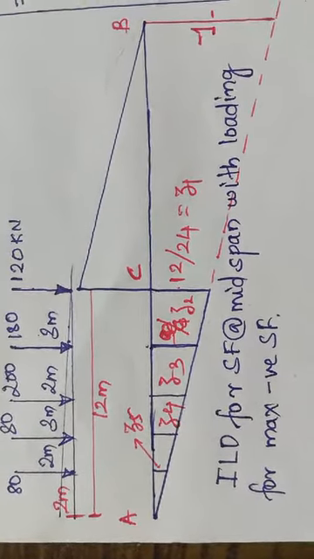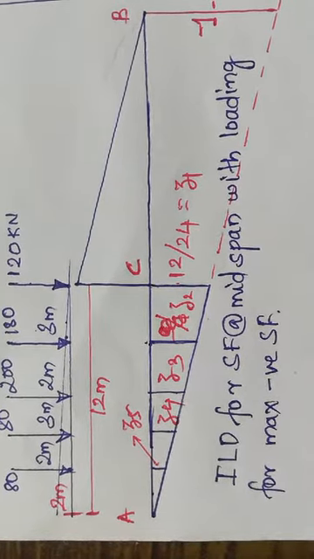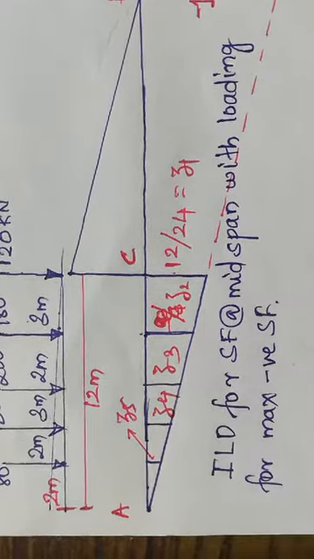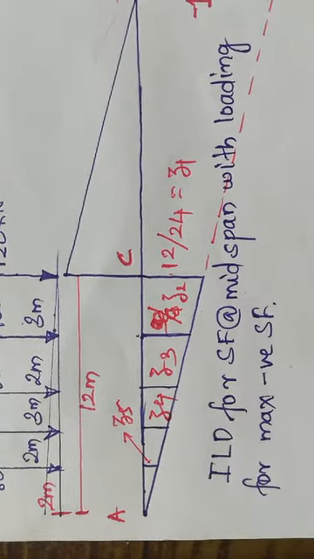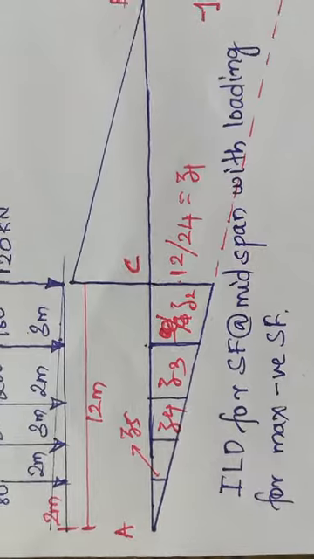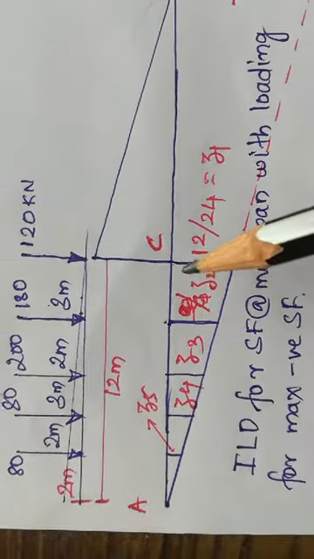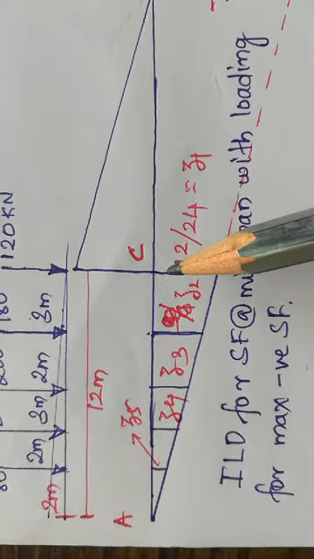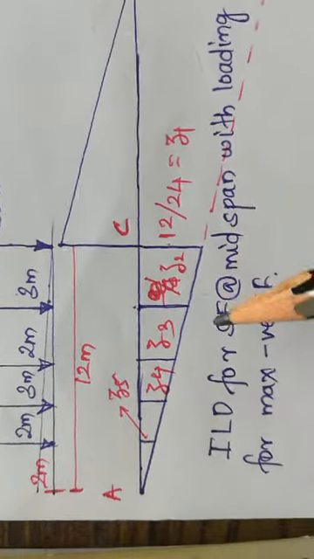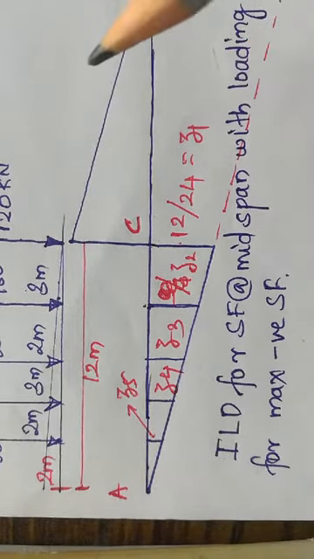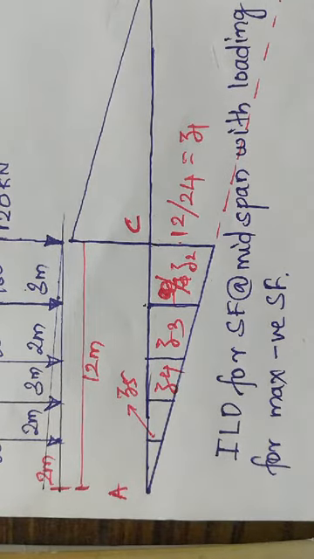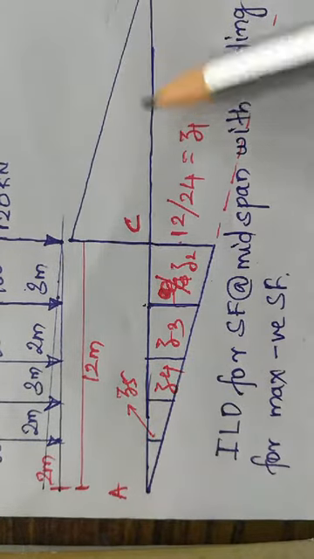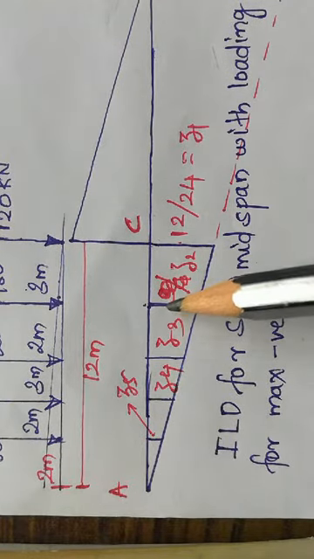Now we have to calculate the values of Z1, Z2, Z3, Z4 and Z5 by using similar triangles. Here for Z1, this distance is 12, so the height is 1. Since it is unity, the denominator gets multiplied by 1, so Z1 is 12 divided by the whole distance 24.